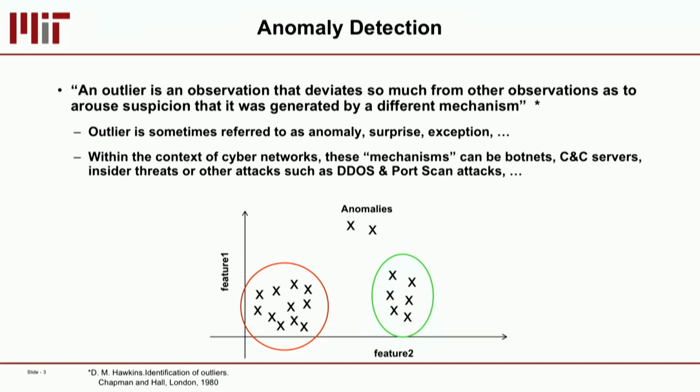All right, so just a quick definition of anomaly detection. I really love this definition of what an outlier is from a paper by Hawkins: an outlier is an observation that deviates so much from other observations as to arouse suspicion that it was generated by a different mechanism. When we're looking at network traffic, that's what we're looking for.